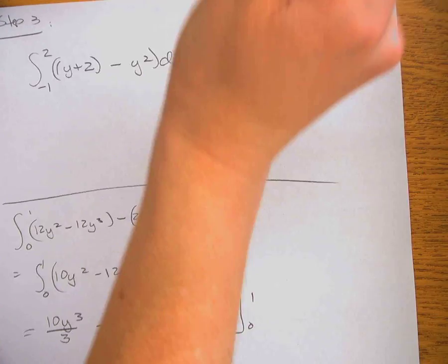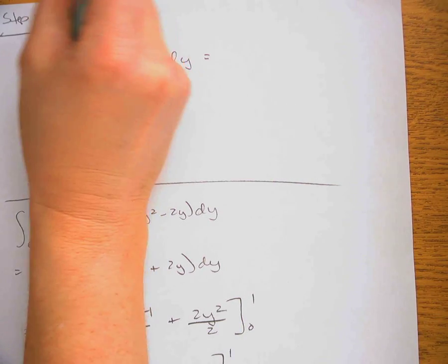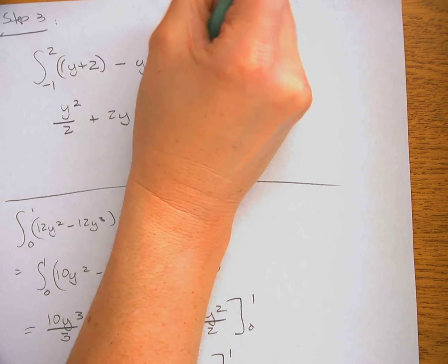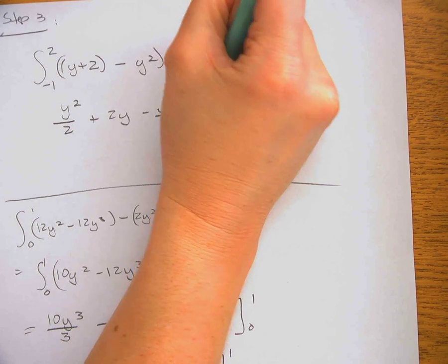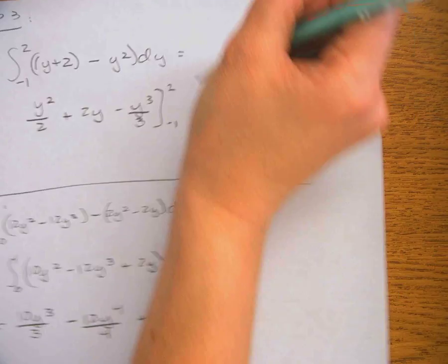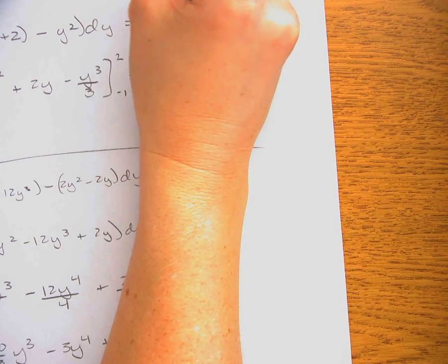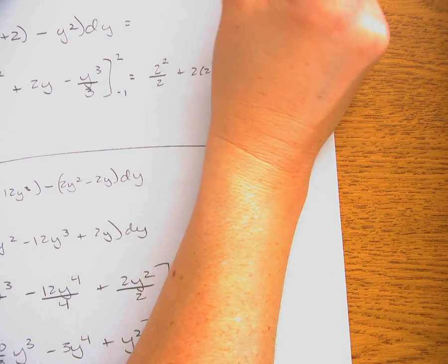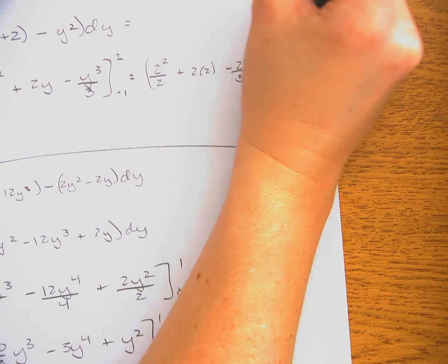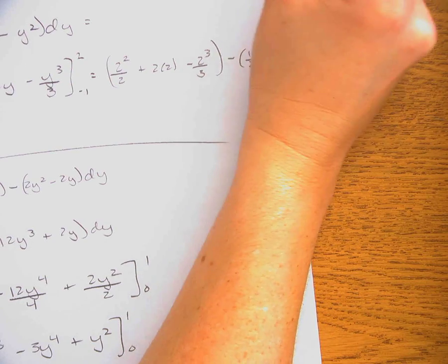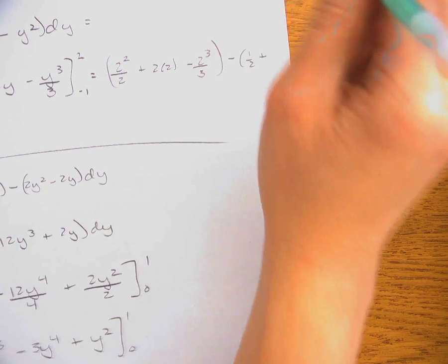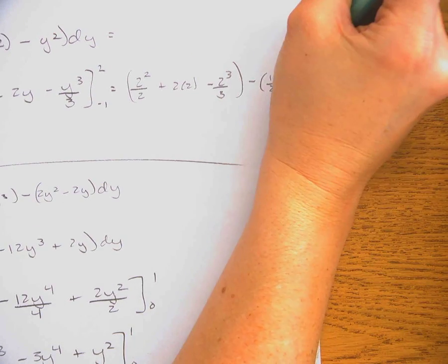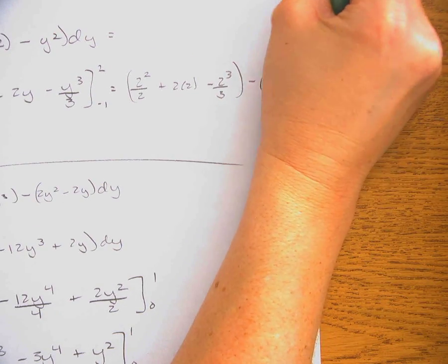Okay, and so then I have to find the antiderivative, so that would be y squared over 2 plus 2y minus y cubed over 3, and then I'm integrating that from -1 to 2. So that would be 2 squared over 2 plus 2 times 2 minus 2 cubed over 3 minus 1/2 plus minus 2. So that's -1, so minus 2 and then plus 1/3.